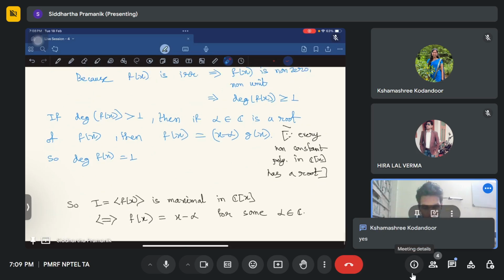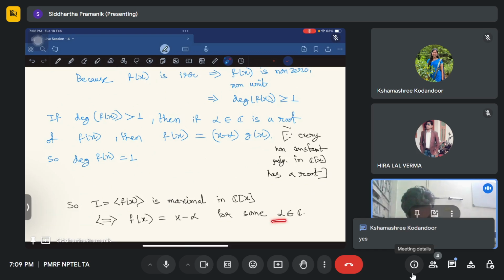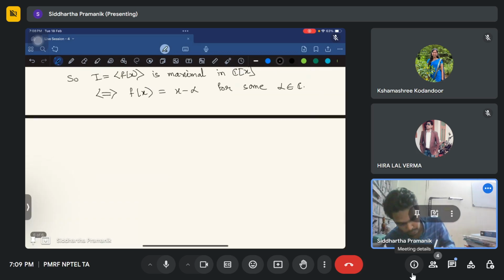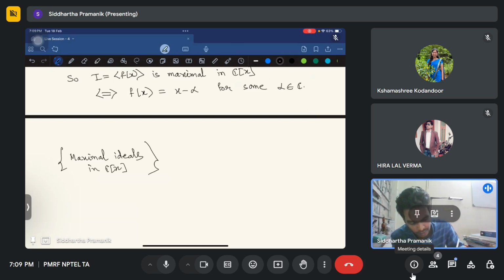Okay. So that means for every complex number alpha, you will get a degree 1 polynomial, and that will give you a maximal ideal. So from this, we are saying you take the set of maximal ideals in C[x], and here you take points in C, the complex numbers.